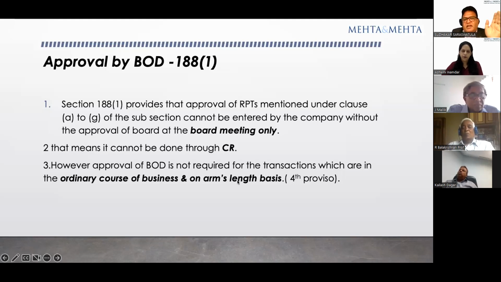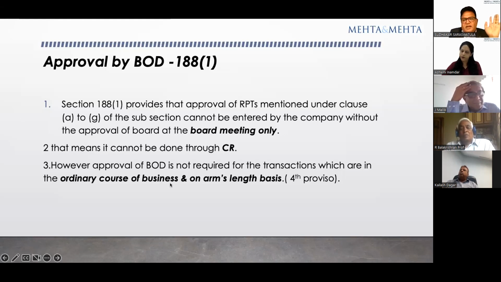In the last webinar, I gave an example. Suppose Reliance's consolidated turnover is 450,000 crores, then 45,000 crores is the limit to determine the material related party transaction. If a transaction with a related party goes beyond 45,000 crores, then only I have to go to the shareholders to take their approval. Otherwise, it is not required.